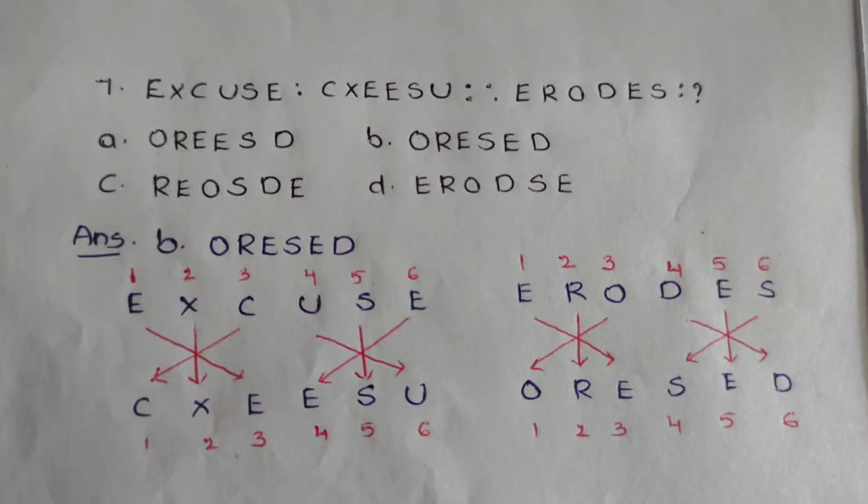Here we have numbered this as 1, 2, 3, 4, 5, 6, and the second letter and the fifth letter are copied down, and the first letter is written in the third place and the third letter is written in the first place. And in the second pair, the fourth letter is written in the sixth place and the sixth letter is written in the fourth place. So the answer will be ORESED, which is option number B.